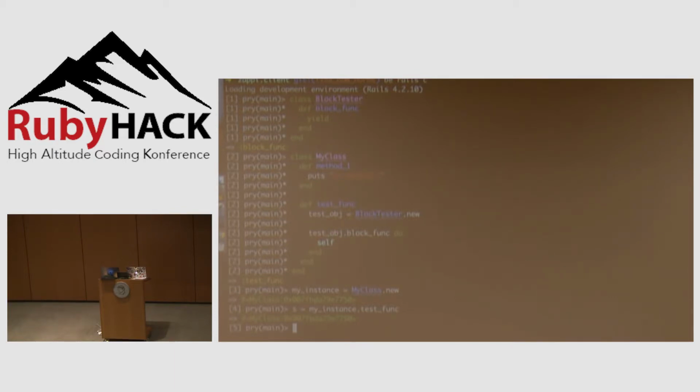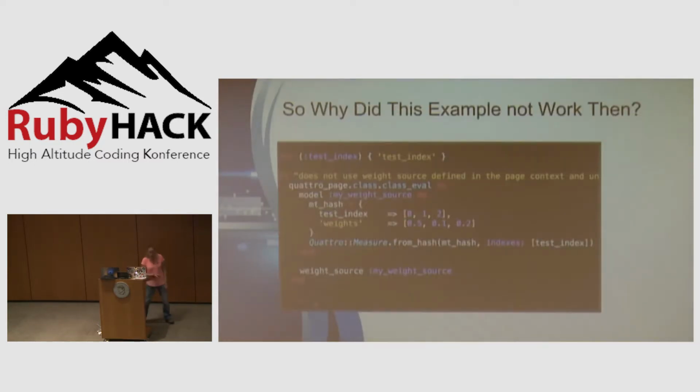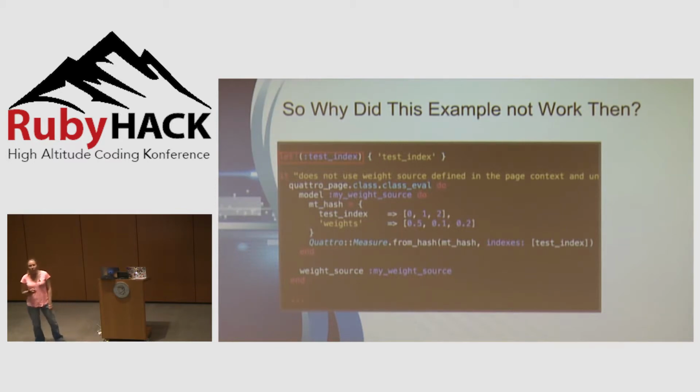Okay, now given everything I just said, I would have thought my original RSpec example should have passed, because here I'm defining test_index, and we now know that's a helper method. And you'd think RSpec would be smart enough to add this method to whatever RSpec object is active inside this it block.